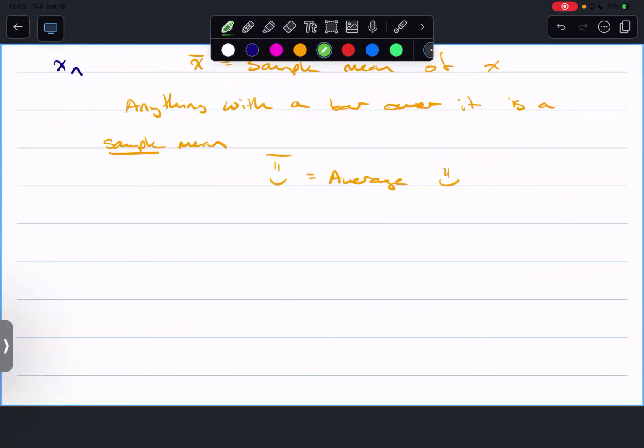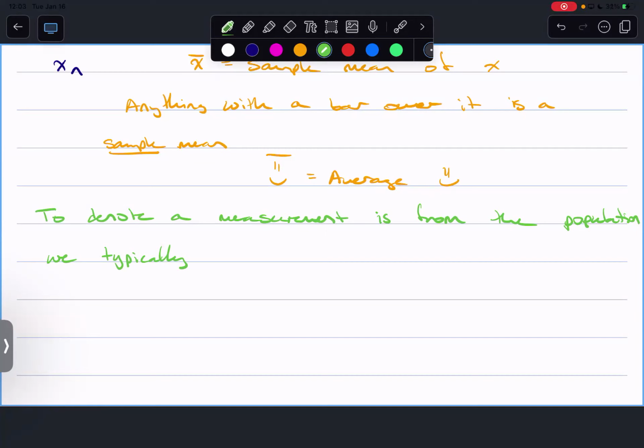And maybe I'll use green here, to denote that a measurement is from the population. We typically use Greek letters.